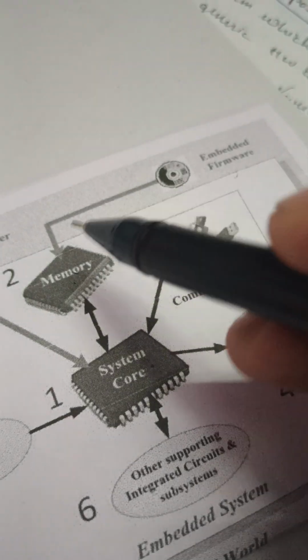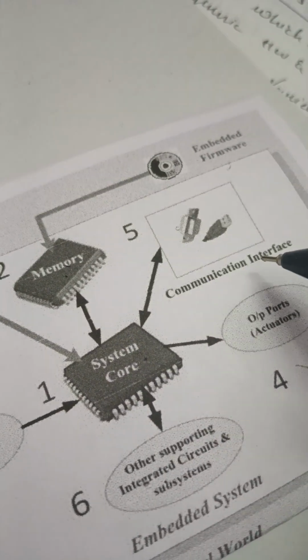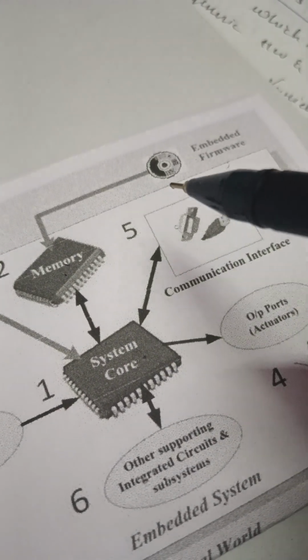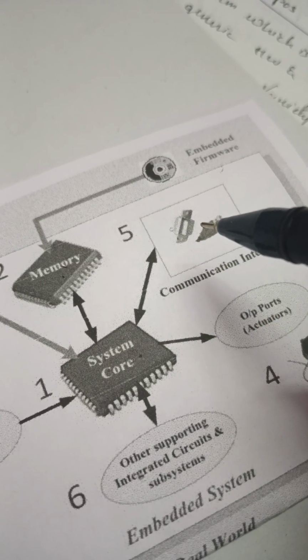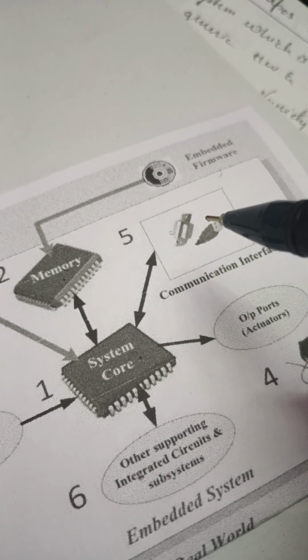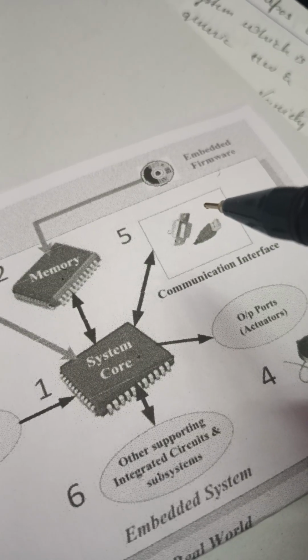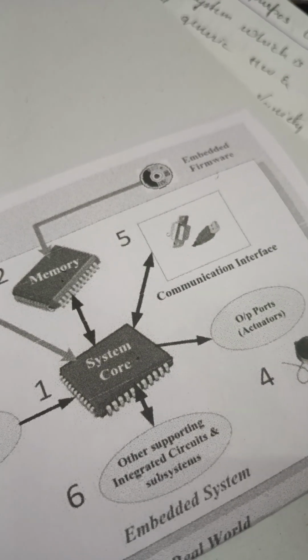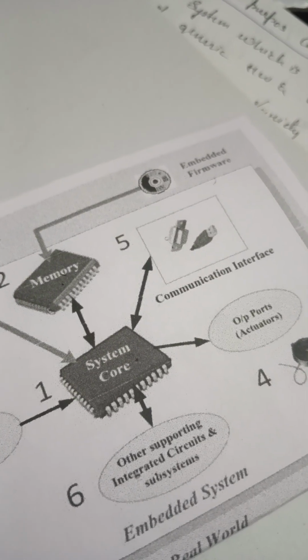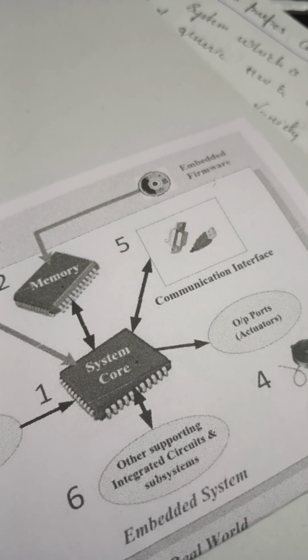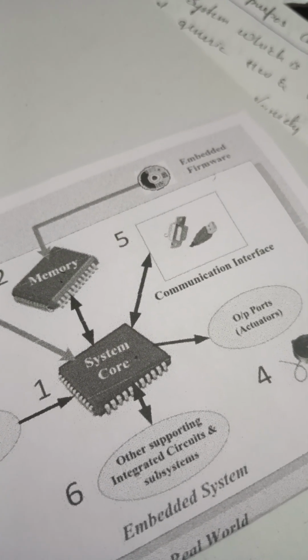And how will we store the code in the memory? Using the communication interface. The communication interface is basically the communicating medium for the input and output of the embedded system, and we give it code using a communication interface.